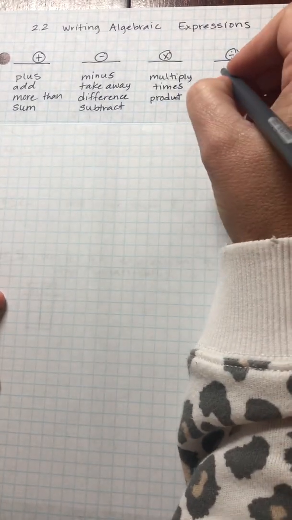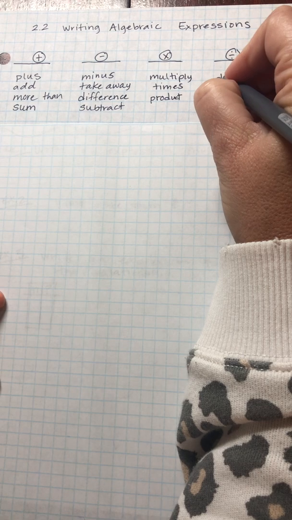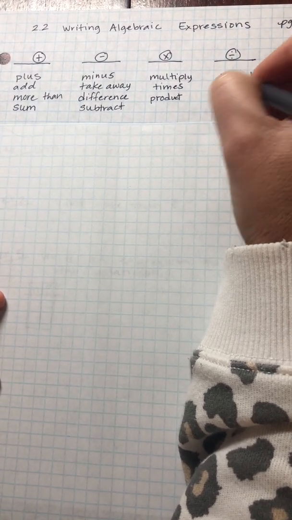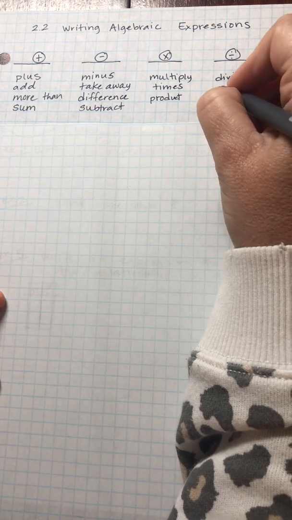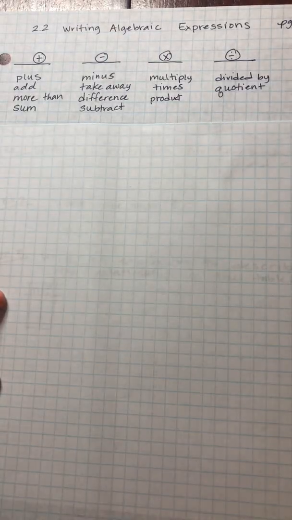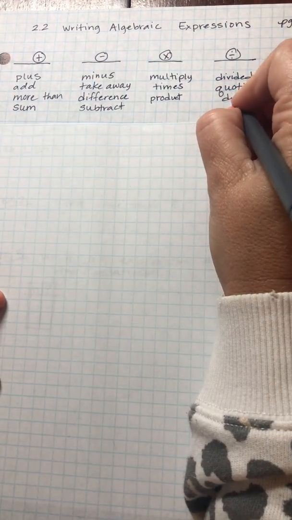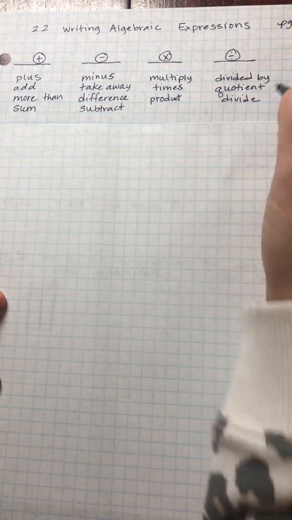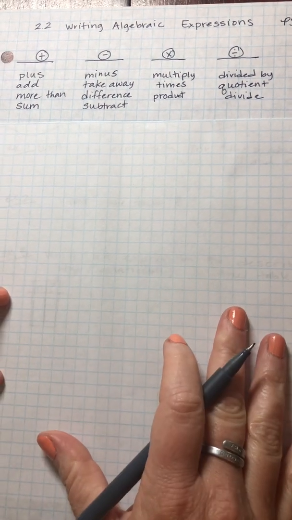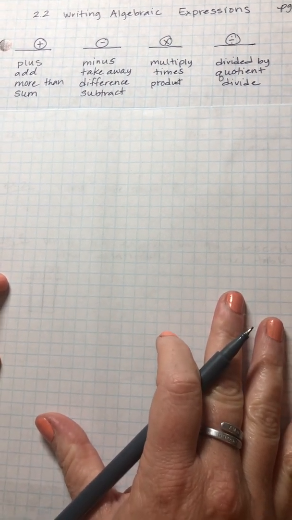Division. We've got divided. Divided by. Find the quotient. Maybe just divide. I think that's all I've got. But that's a pretty good list, okay?